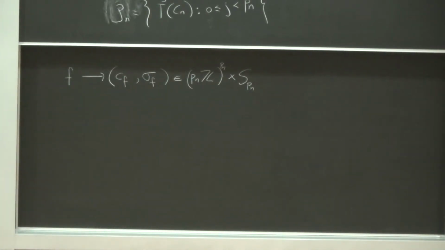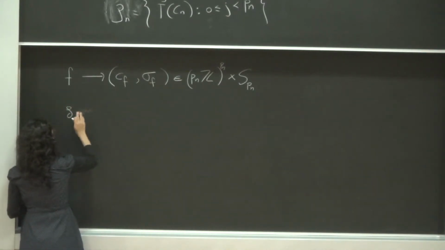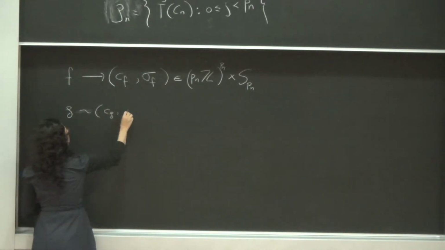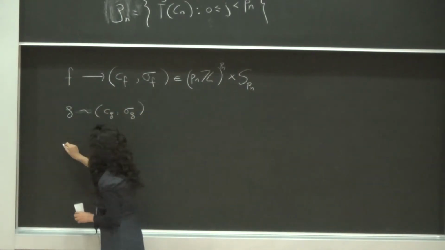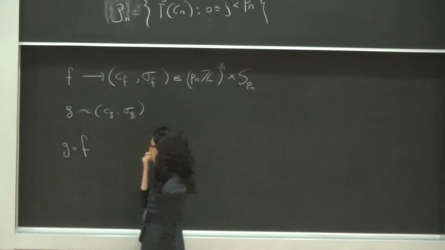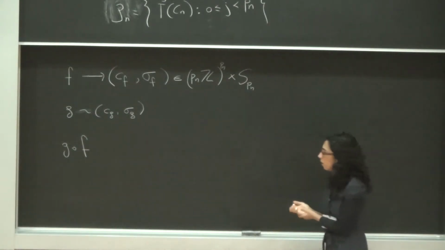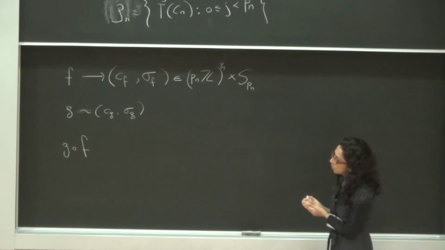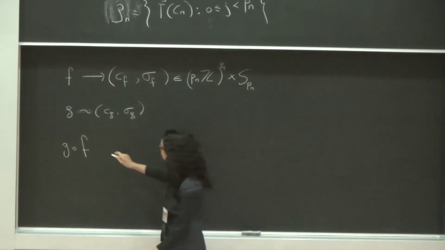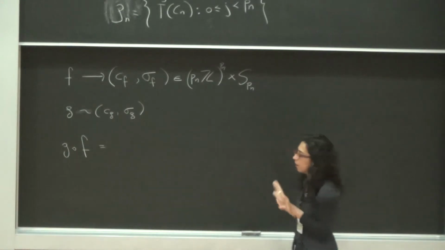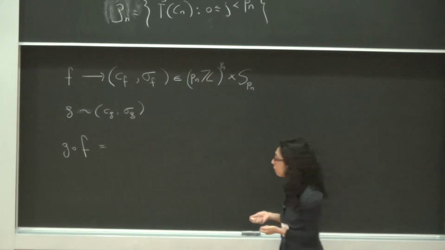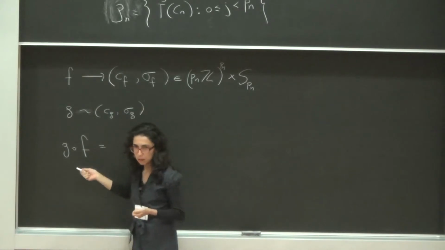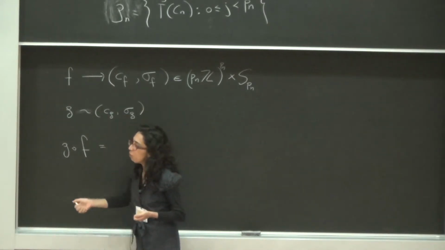But now we need to see what happens if we compose two elements. So what happens now if I take another element, and I'm going to write like this. What happens when we do the composition of these two things? Without making the computation, it's easy to see that if we make the composition of these two things, we get something which is always in Tn.